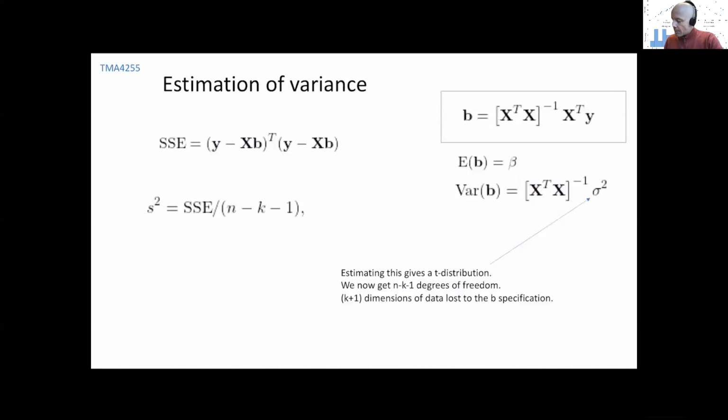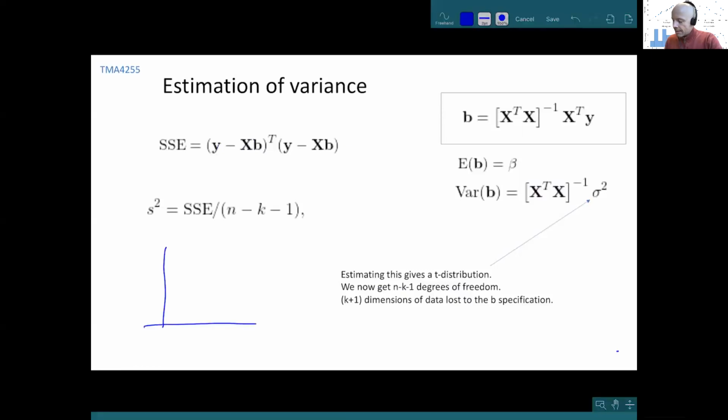So s squared is then the errors away from the line. So we have these plots, and to compute s squared, we look at these distances, e_i. How big are they? And that shows the variability around the line. And then we normalize not with n or with n minus 1, but actually with n minus k minus 1.